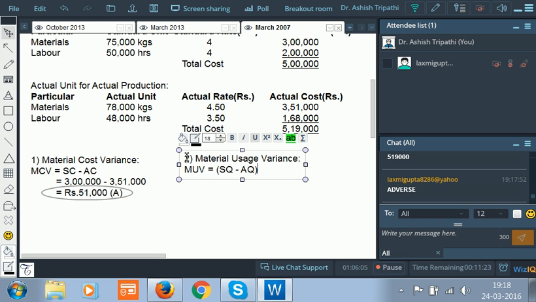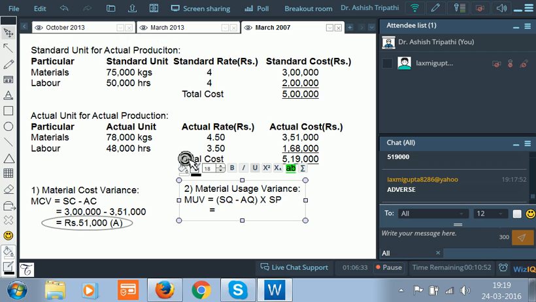The formula for material usage variance is standard quantity minus actual quantity into standard price, or you can say standard rate. It's better to use the term standard price rather than standard rate, because for materials we say price rather than rate. Okay, so let us put the values.